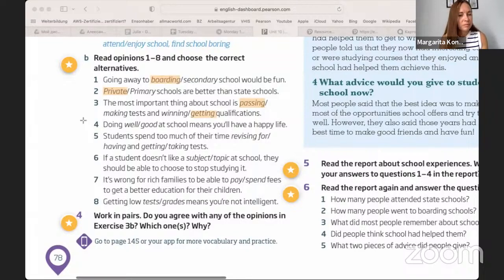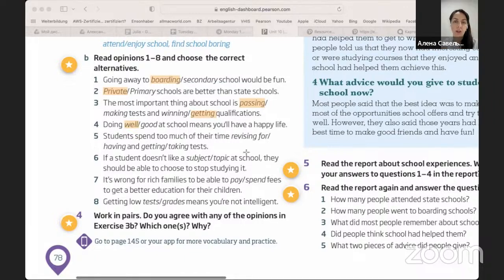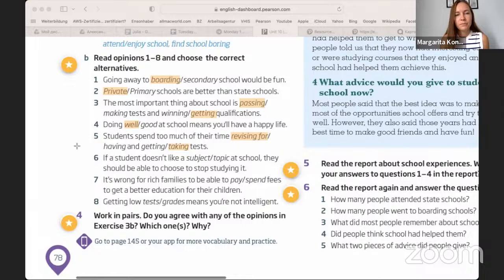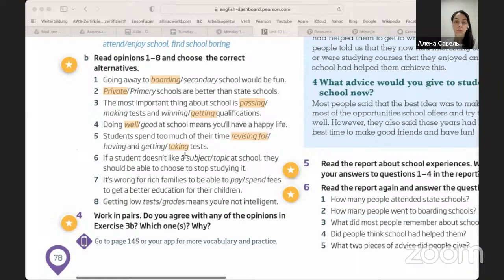Doing well, doing well. That's right. A lot of, too much of their time revising for and taking tests. Good. Like subjects at school. Good.